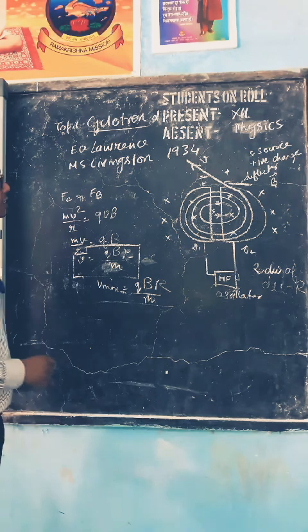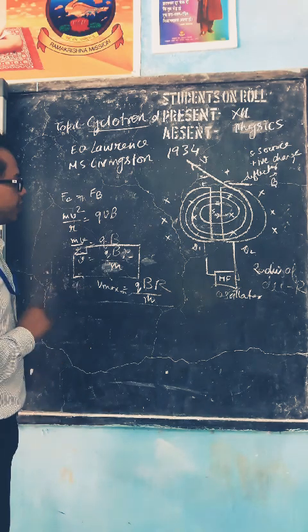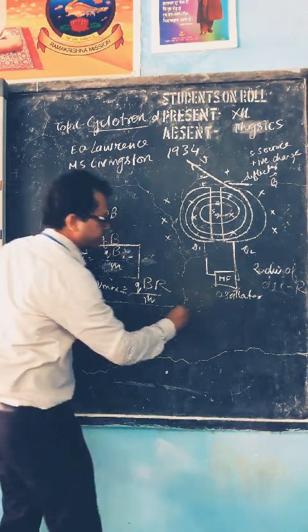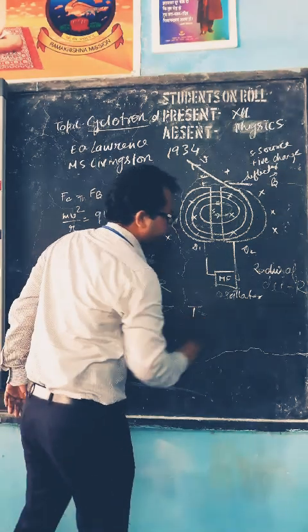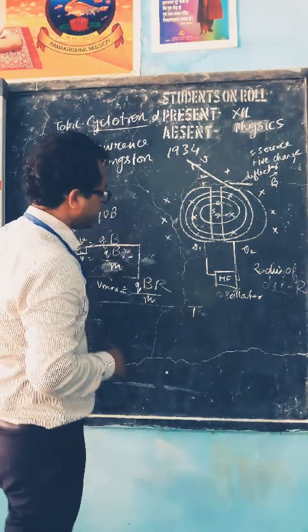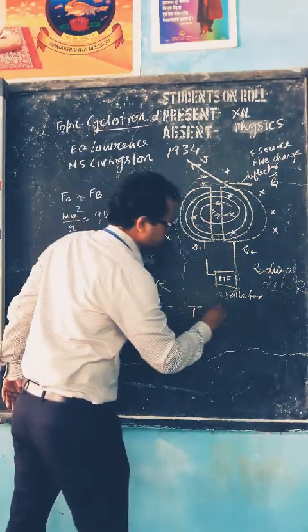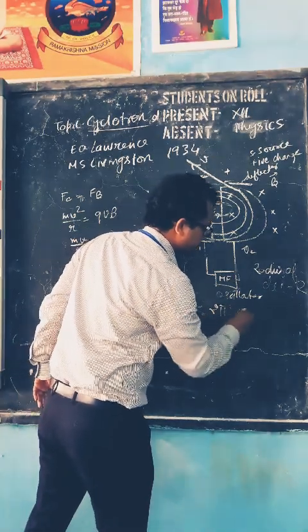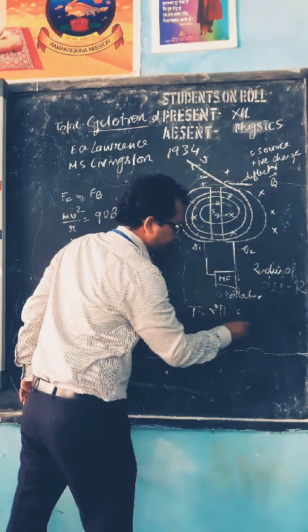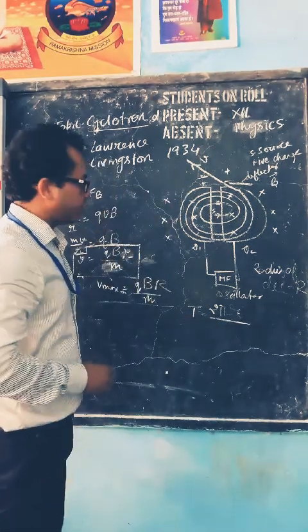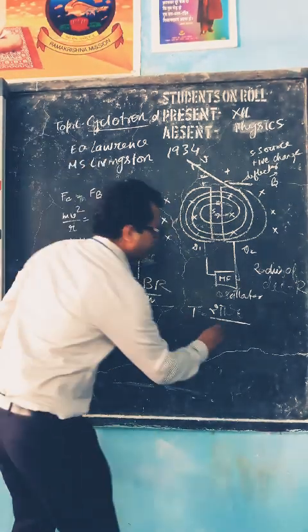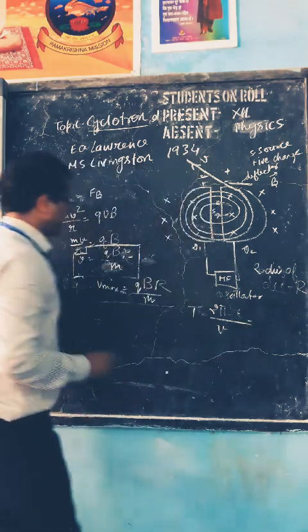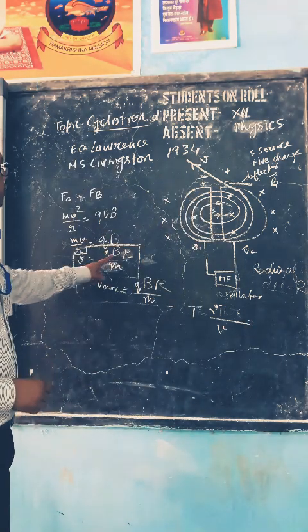Now let us see the time period, how much time it will take. You know that the time period is the time taken to complete one revolution, and the time is given by total distance, which is the circumference, 2 pi r, divided by the velocity v. Just now we have calculated the velocity: qB r upon m.